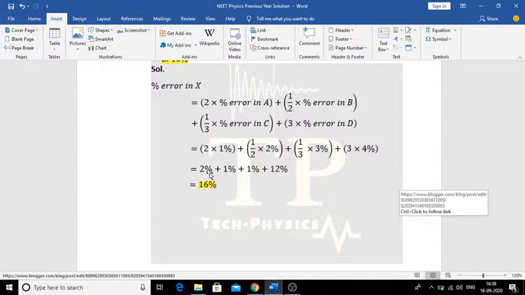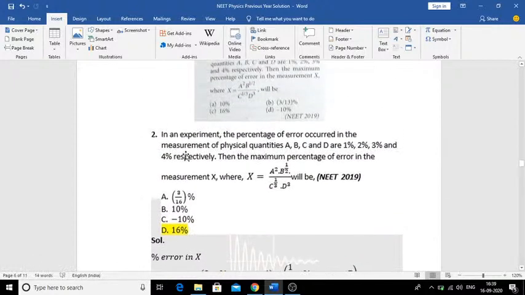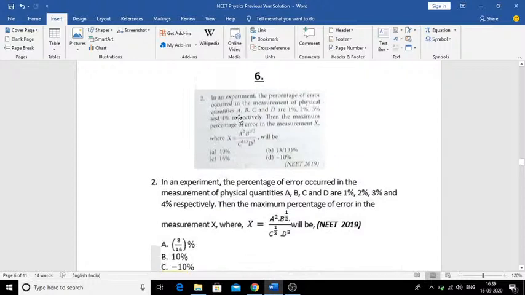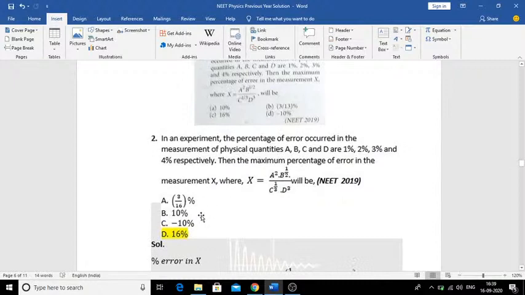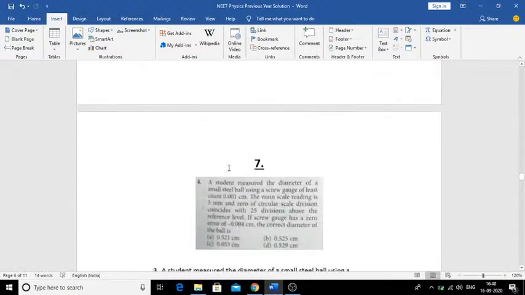Because 2 into 1% is 2%, half of 2% is 1%, 1/3 of 3% is 1%, and 3 into 4% is 12%. Adding them all gives 16%, which is the right option. So option C is right from your paper, I don't know which set that is, and from here option D is right from my question.